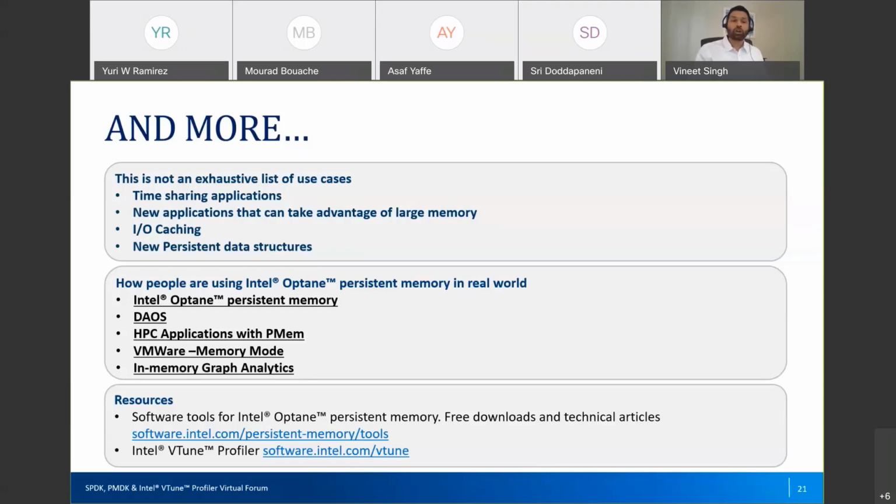If you want to know more about how people are using persistent memory in the real world, I have provided some of the resources here. You can go to the Intel Optane persistent memory page. There you will find a bunch of examples of how people are using it. DAOS is a storage engine which makes your storage faster.